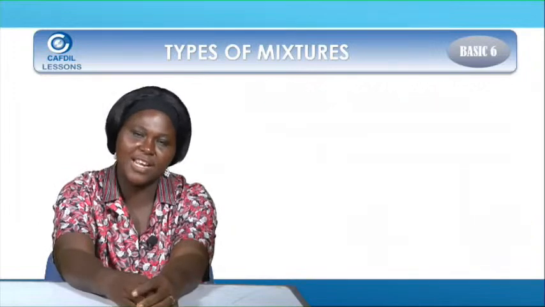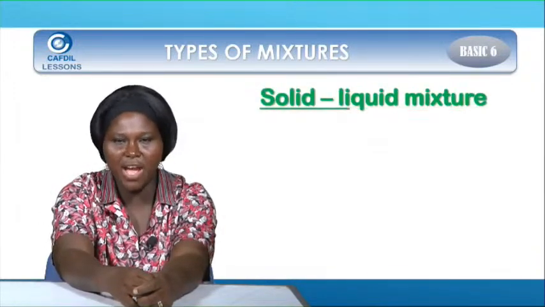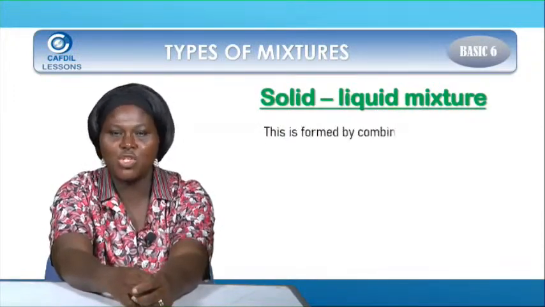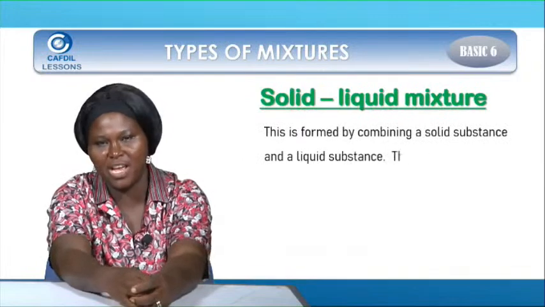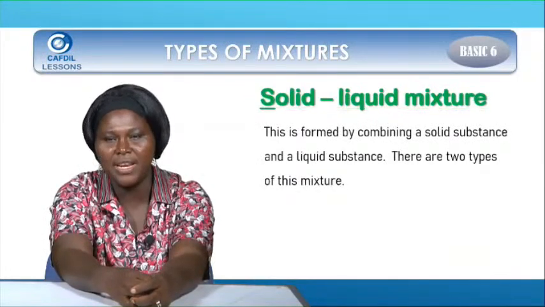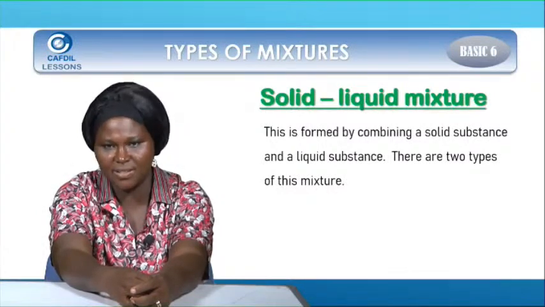Let's look at another example of mixtures. We have solid liquid mixture. This is formed by combining a solid substance and a liquid substance.